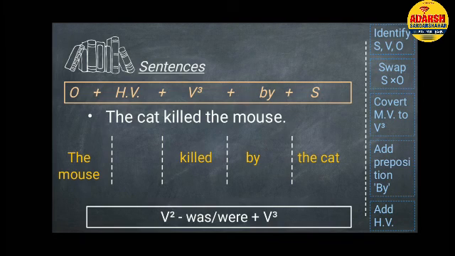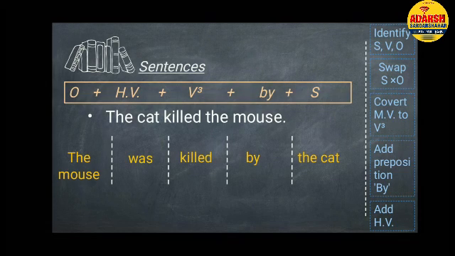So in past simple tense, in active it is verb second form, which you can see in our active sentence, the cat killed the mouse, because there is only verb second form used as helping verb. And in passive we use was plus verb third form, as here the mouse is singular, so we are going to use here was.